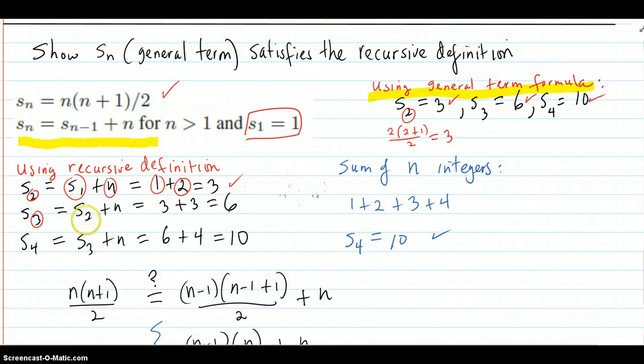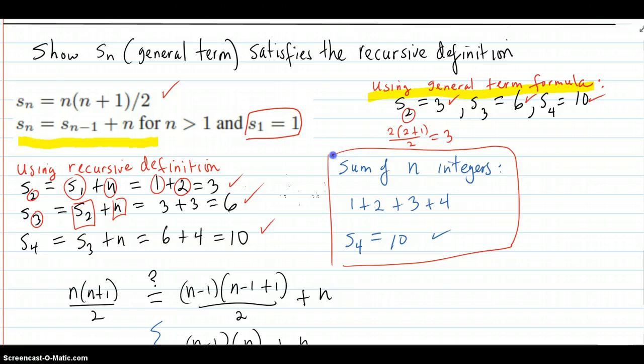S3 is the previous term plus your n of 3. That's 3 plus 3, 6, and the S4 checks out. And you should know that this happens to be the sum of the first n integers is what this sequence is defining. Okay, so now we're supposed to prove this though.